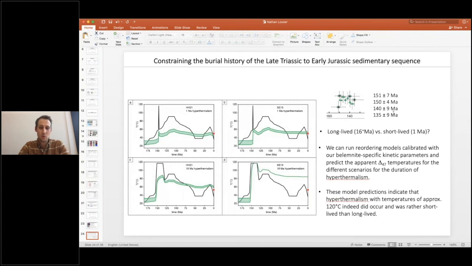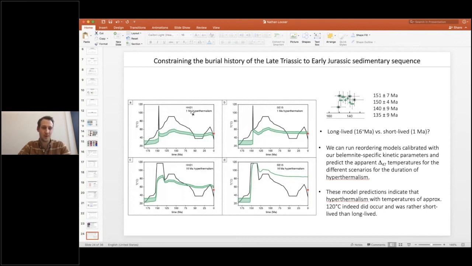Now what we can do, we can run reordering models that are calibrated with these belemnite specific kinetic parameters and predict the apparent delta 47 temperatures for the different scenarios of the duration of this hydrothermalism. So that's what we do here actually. So we have two models.